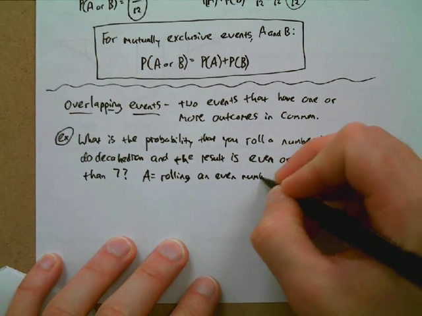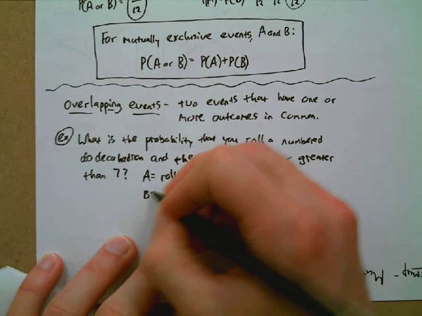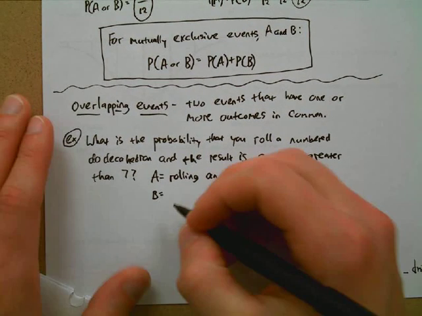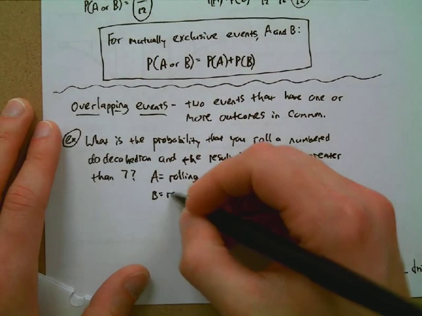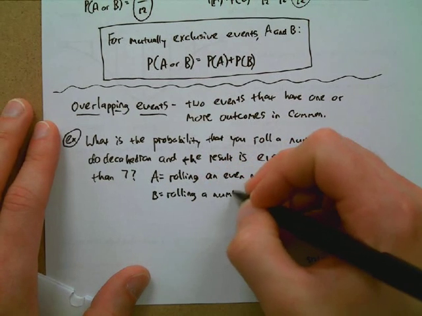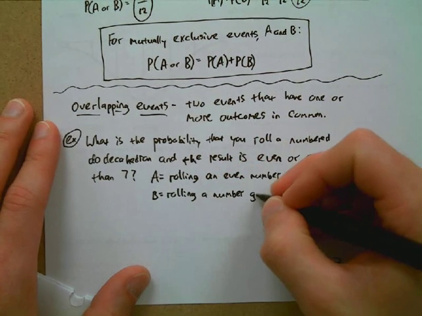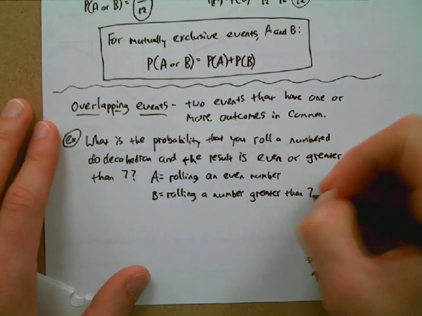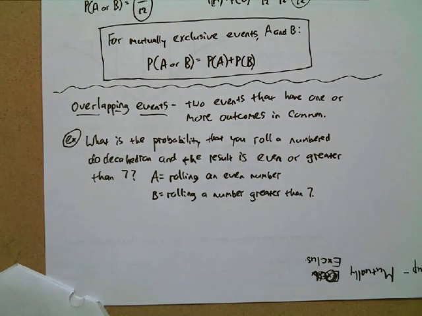Okay, but what is event B in this situation? Rolling a number greater than 7.